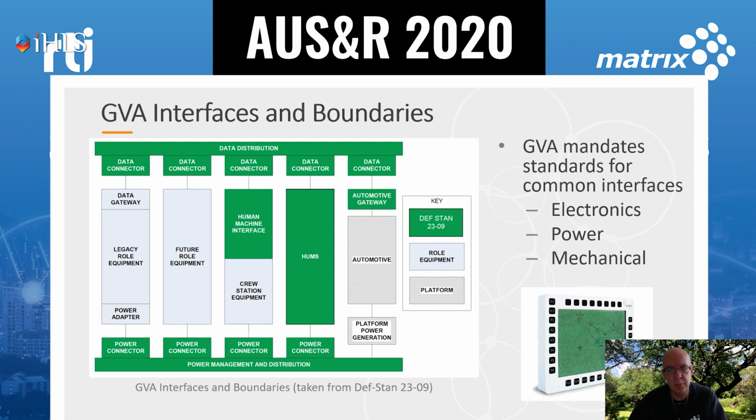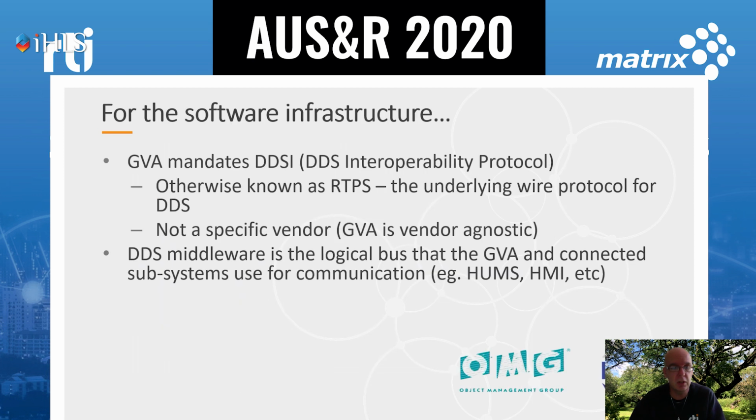And you can see from the green boxes that are shown on here, those are the DDS parts of the system, that not all parts of the system actually use DDS for low-level control. But there are specific parts of the architecture where DDS is actually mandated.